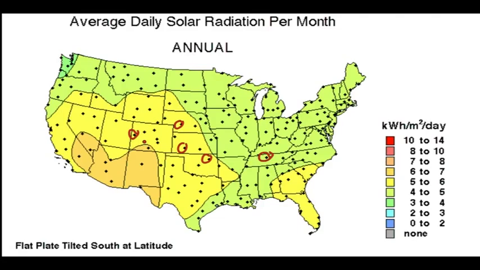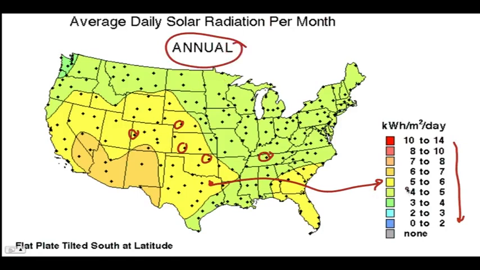And this is the scale that tells us what the colors represent. In other words, this yellow, of course, means that on an annual basis, this one is done on an annual basis, creates 5 to 6 kilowatt hours per square meter per day. And in this area, it's the light green, so it's 4 to 5 kilowatt hours per square meter per day.